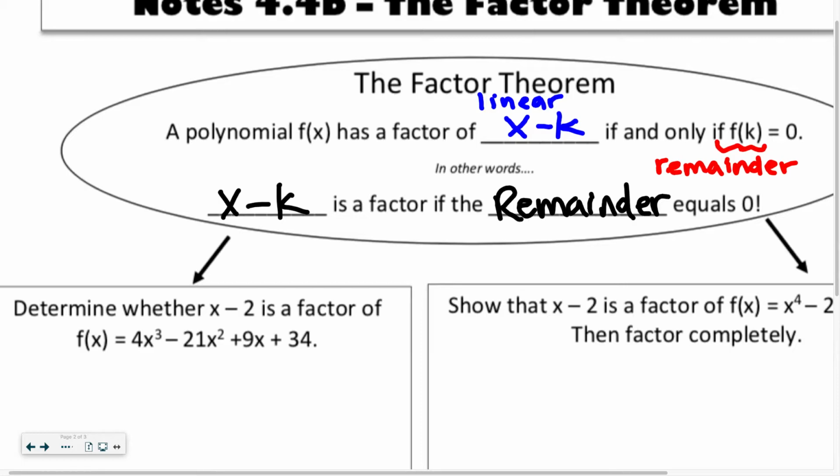Now, that should make sense with what you know about factors in general. Going back to Kinsey's question on the homework assignment, I was saying, give me the factors of 20. And you said 1 and 20, 2 and 10, 4 and 5. Why didn't you say 6 and 20 over 6? Why weren't those a set of factors? It doesn't logically seem correct. When you list factors, you like to list whole numbers or integers.